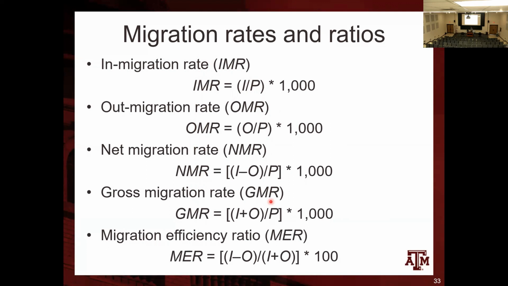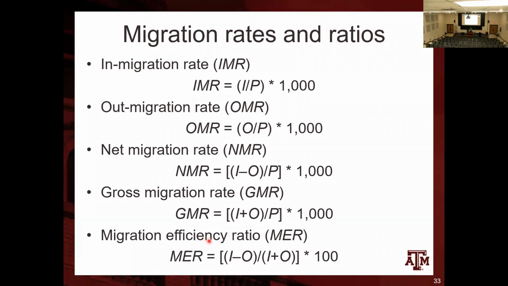But I mentioned that the in-migration rate is not completely appropriate, because if the population at the area of destination is used in the denominator, that population is already there. So it's not at risk of entering that area, right? But still we use the term rate for these specific indicators because we are putting in the denominator people who have the chance of experiencing the event, which is measured in the numerator.